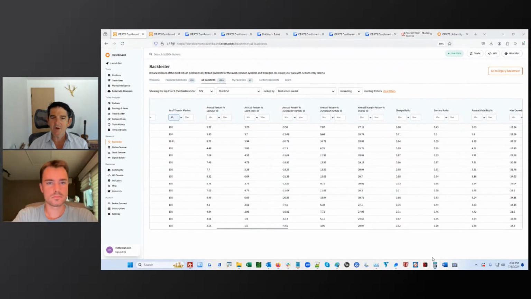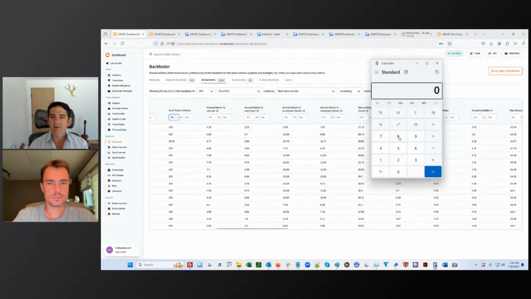So just to look at the first one and the third one, for example, 9.58 divided by 7.87. So that's like 21% worse during the bear market. So let's look at the next one. 12.49 divided by 9.68, and that's 24% worse. Did I do that right? I think you just have a decimal missing.